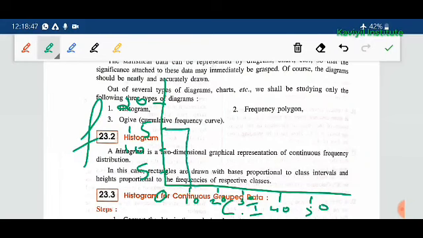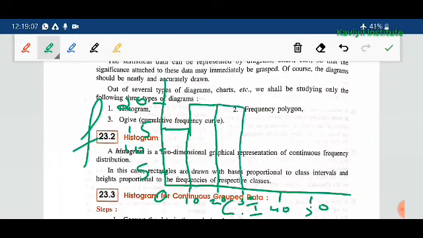Then 10 to 20 and 20 to 30. For 10 to 20, the frequency is 20, so we'll just extend the line till here, and till 30 also the same, so we will just extend it.